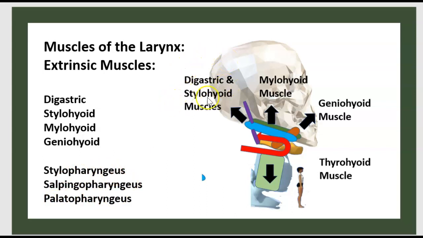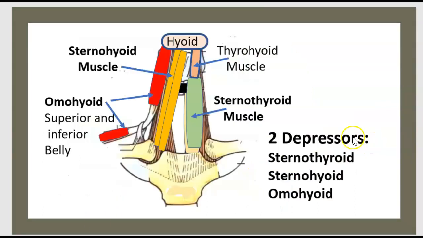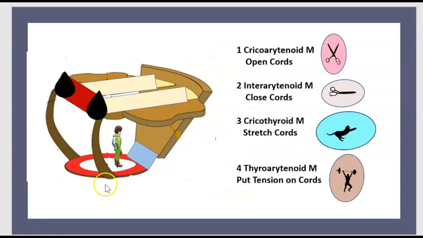The digastric and the stylohyoid muscle pull upward and back, the mylohyoid muscle just upward, and the geniohyoid muscle upward and forward, and the thyrohyoid muscle is down. Depressor muscles include sternothyroid and sternohyoid. This configuration led us to understand how it works.